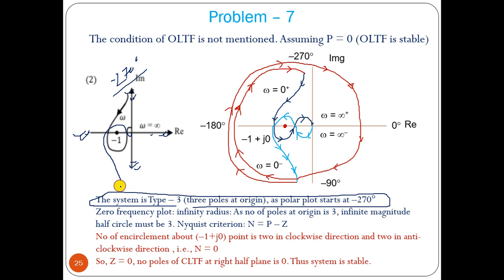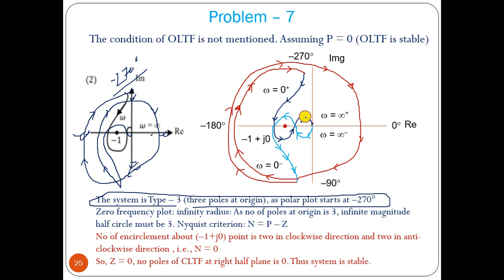So from here we have to plot 3 half circles, 1, 2, then 3 half circles in clockwise direction. So that should be the total Nyquist plot. So this is your polar plot that is given.